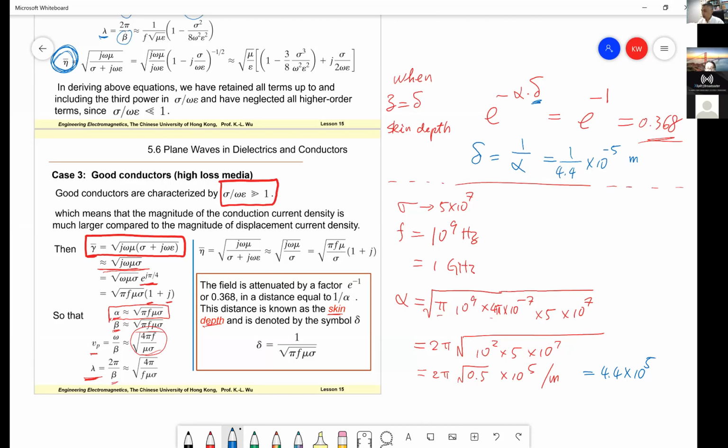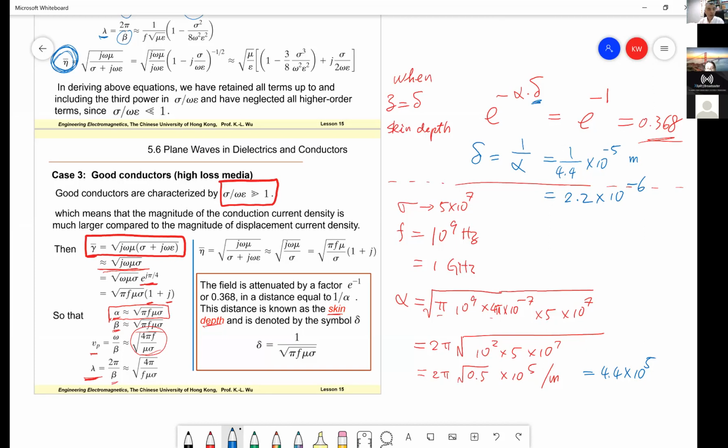Then it is about 1 divided by 4. So that means 2.2 micrometer.